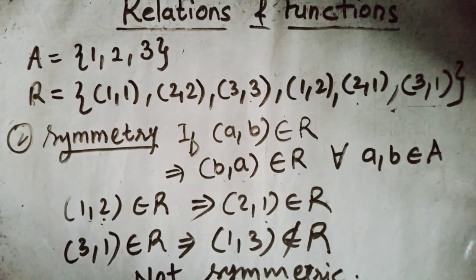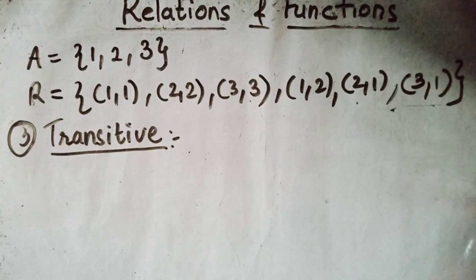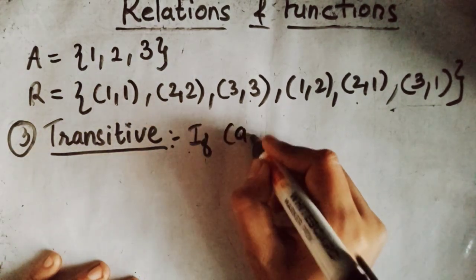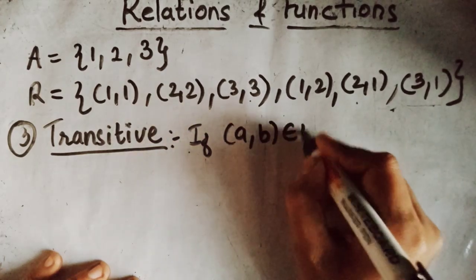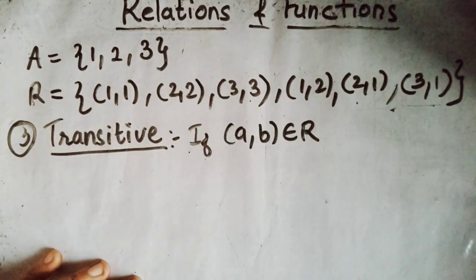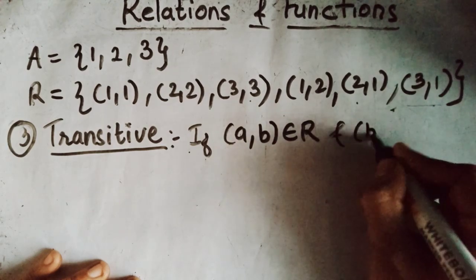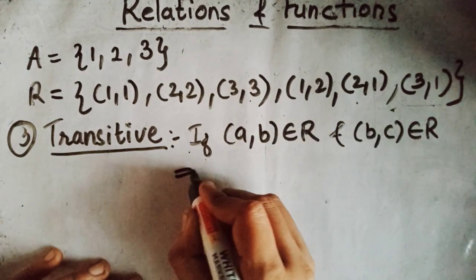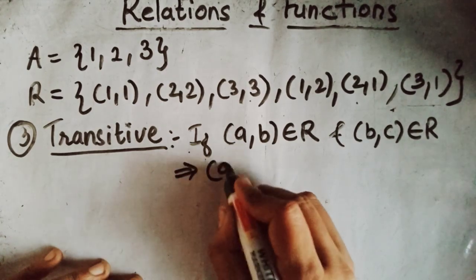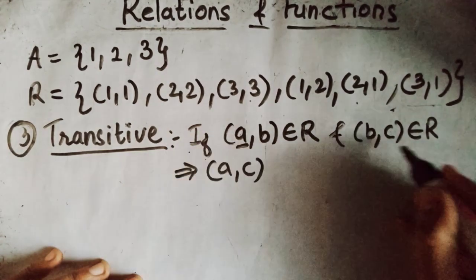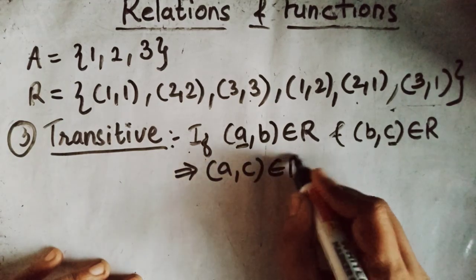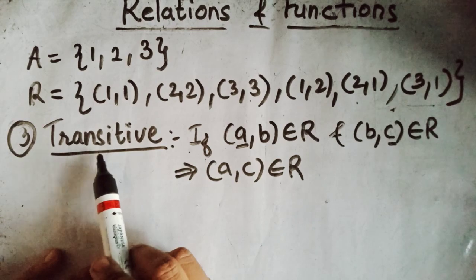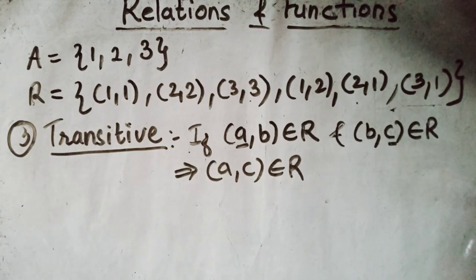Now let's check transitive. If there is an element (a, b) belonging to R, and (b, c) belonging to R, and then we get (a, c) belonging to R, then we can say that this relation is transitive.